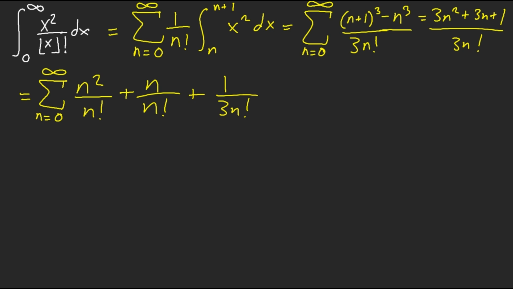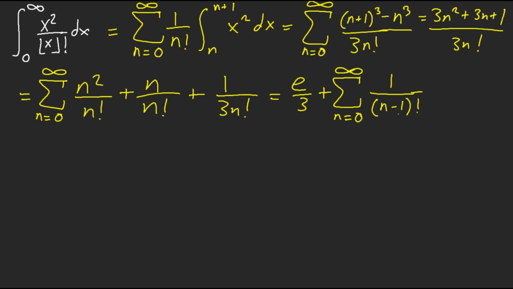Okay, so how do we deal with this? I'm just going to have this as 1/3 e, so e over 3, plus, and then n equal to 0, I'll simplify this first because that's n minus 1 factorial. Wait a minute, something's wrong.